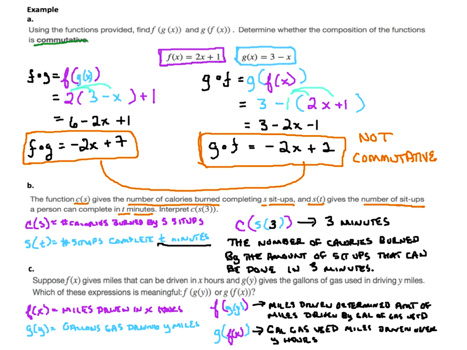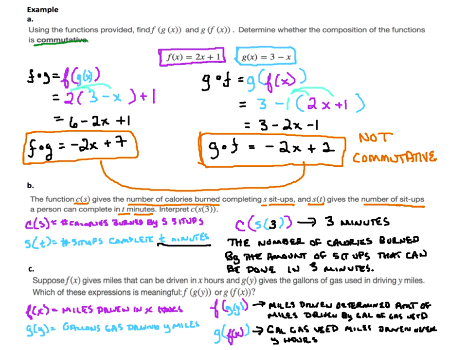The f of x function is miles driven in x hours. So I drive a Nissan Xterra, and I get 18 miles to the gallon, roughly, with my truck. Would you be able to know how much gas I used without knowing what I normally get miles per gallon wise?